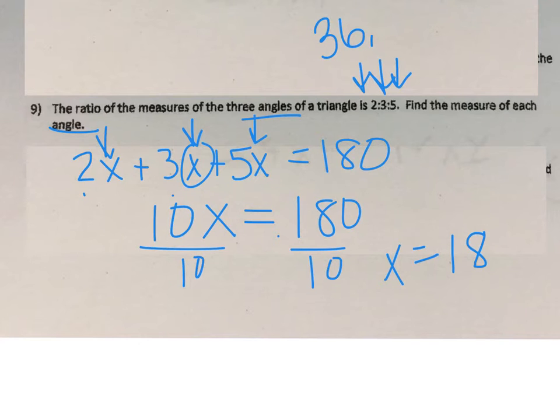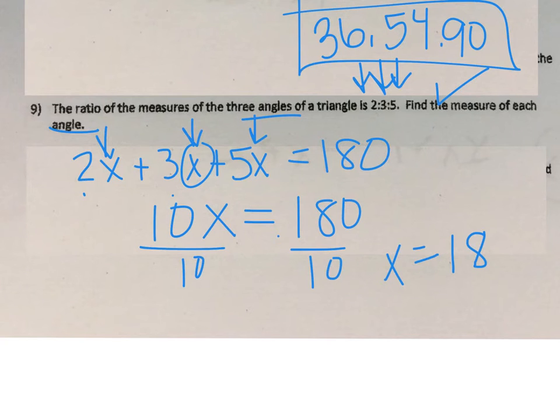So 18 times 3, 54 is my other angle measure. And the last one will be 5 times 18, which is going to be 90. And if I add these up, they should equal 180 if I did it correctly. So 90 plus 54 plus 36 equals 180. So these are the three measures of my angles.